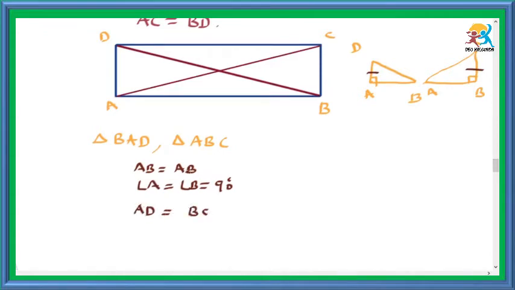We got two sides and one included angle. So by SAS property, the two triangles are congruent.